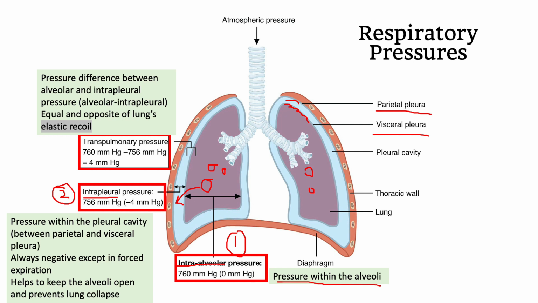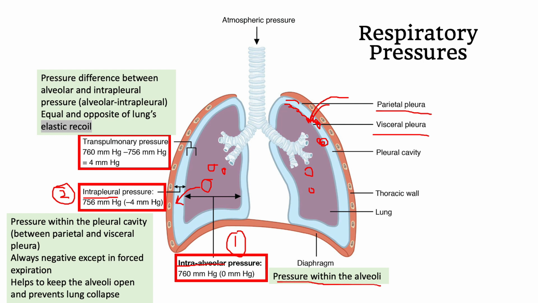In any instance in which the intrapleural pressure is not negative, let's say there's a stab wound, or any pneumothorax, meaning there is a breach in the intrapleural cavity, air from the atmosphere can go into the intrapleural cavity.